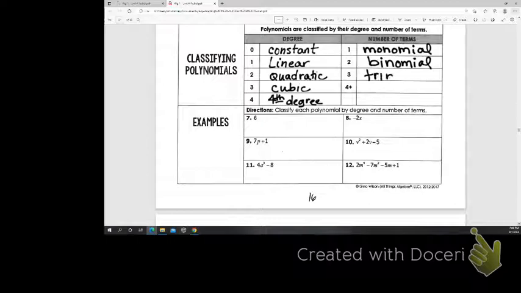Trinomials, good. And we will be using binomial and trinomial. We'll use those words much more often than we'll use cubic or quadratic. And then 4 or more terms, we just simply call those polynomials, meaning they have many terms.